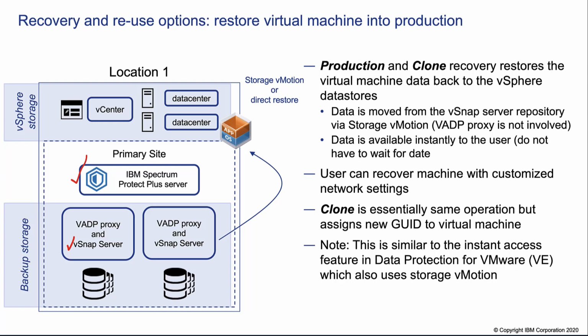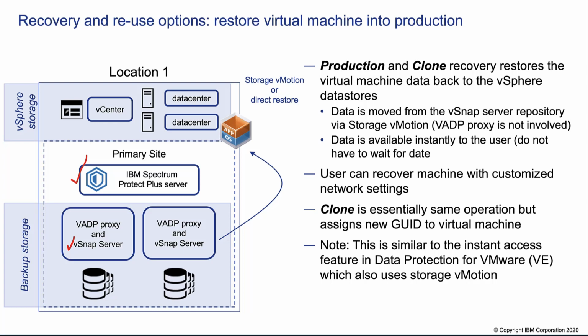So there's this concept of production recovery, which is simply restoring a virtual machine that's been lost. There might be cases where you want to make a clone, which is essentially restoring a virtual machine back to the data store, but you already have the production virtual machine running and you want another copy of it, and maybe you want to customize the network setting so it doesn't cause any conflicts on the network.